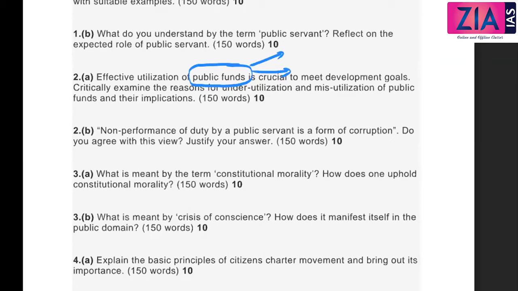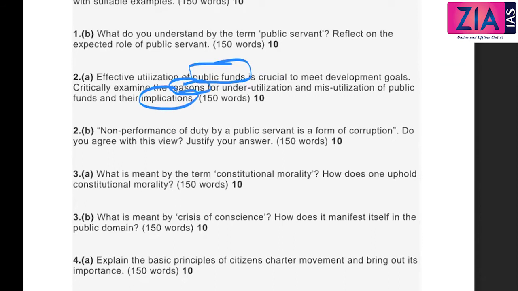It should be based on some ethical principles, some doctrines, professional management, and proper allocation, so proper planning. But the absence of all these is actually the reasons. The question is asked about reasons. So write the definition of this, then tell the reasons, then tell the implications.